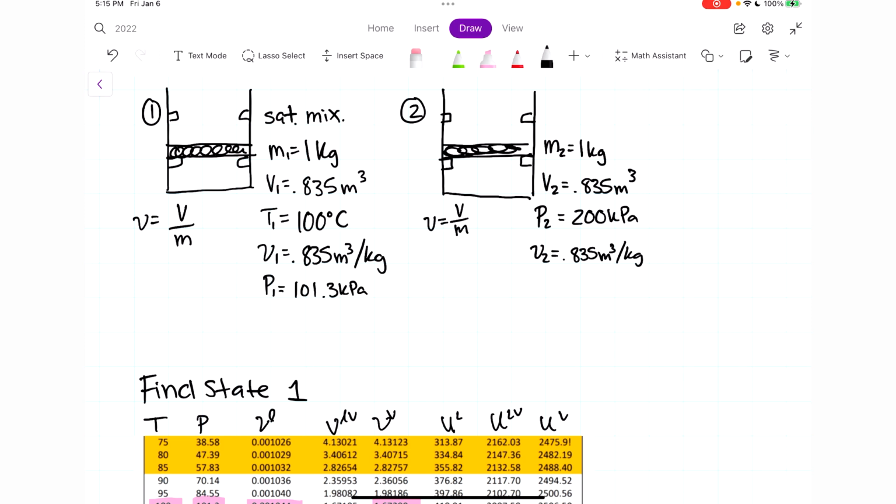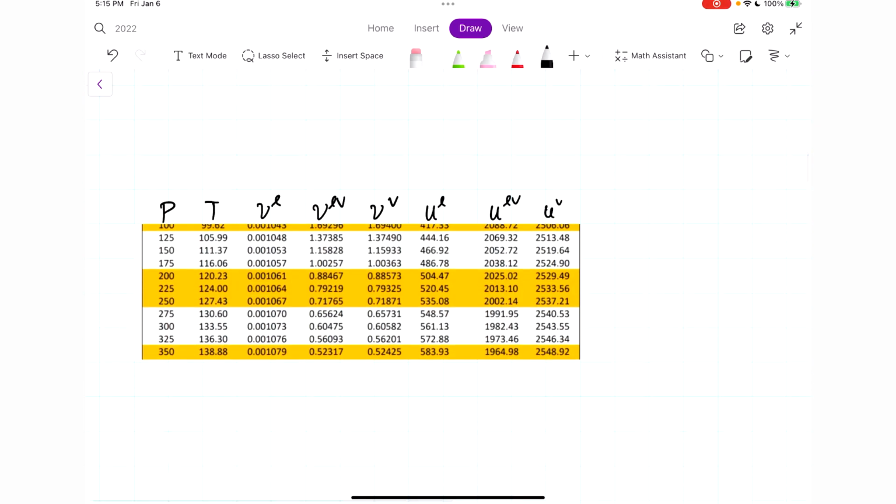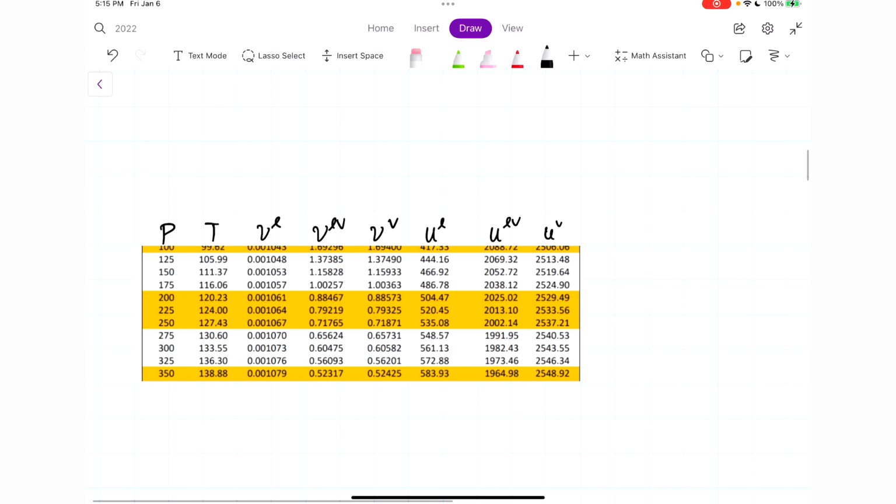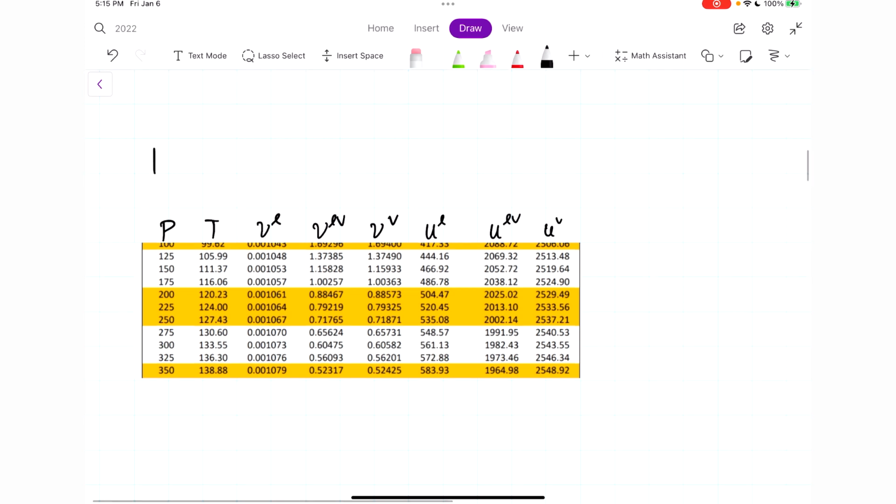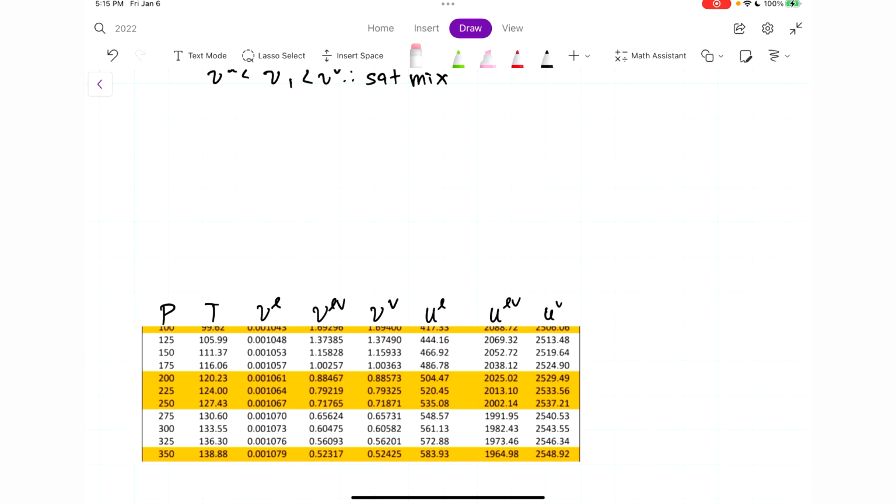Perfect, not too bad. So now we do the same exact thing we did for state 1. We're going to do it with state 2. We're going to go ahead and compare the specific volume to the values that we find when the pressure is 200 kilopascals. So let's go ahead and look at state 2. Find state 2.